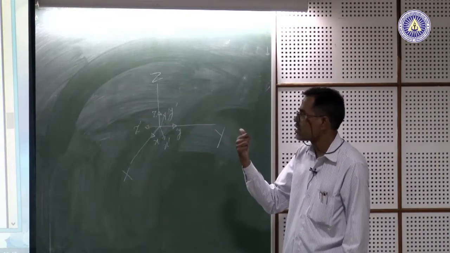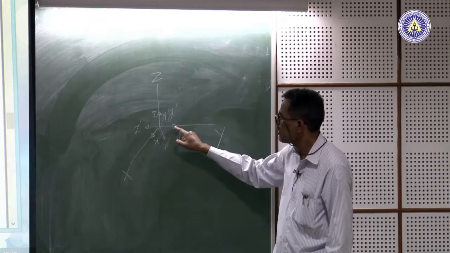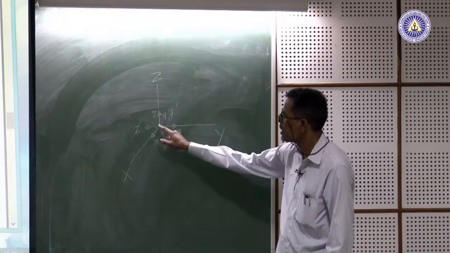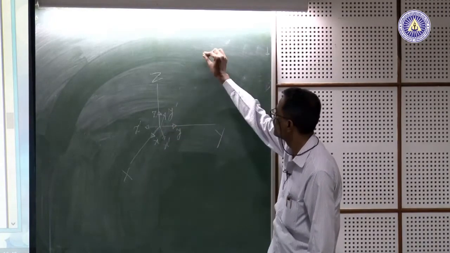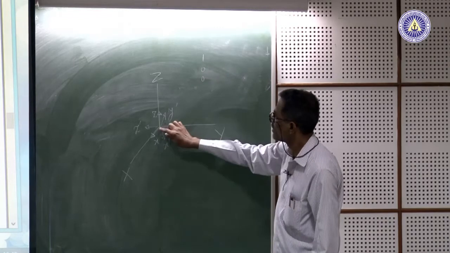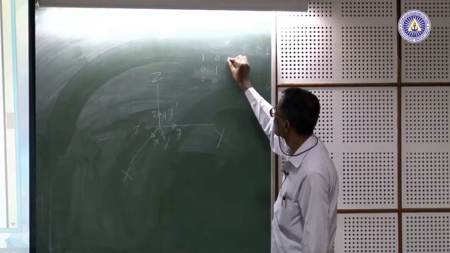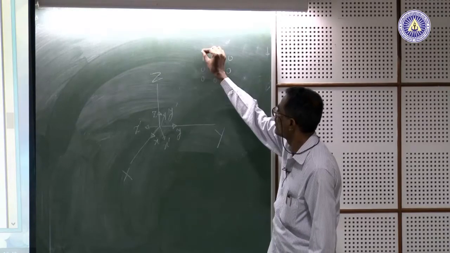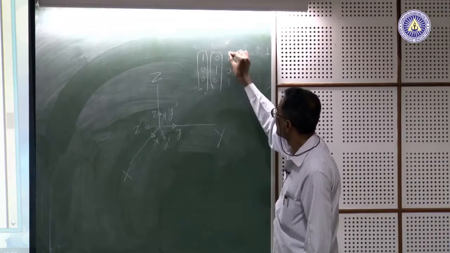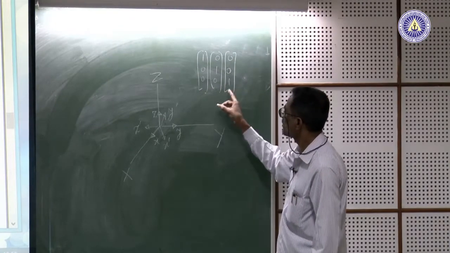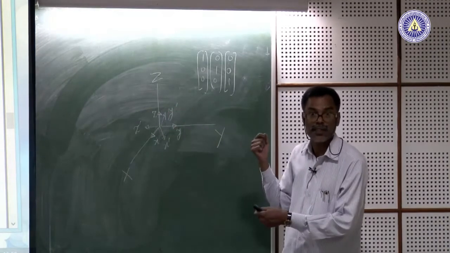This rotation matrix, when multiplied to the original orientation of these three things x, y and z, okay, originally these were the three unit vectors, or any vector in that chair.